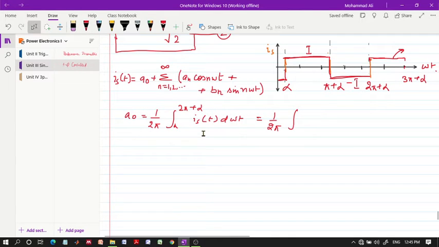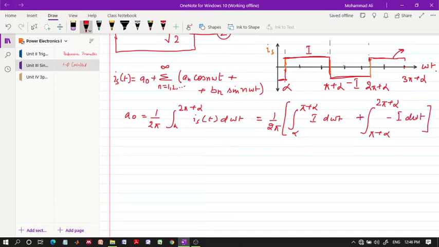Because i of t, as we have already discussed, from alpha to pi plus alpha is plus of I, and from pi plus alpha to 2 pi plus alpha is minus of I. So from alpha to pi plus alpha it will be I d omega t, minus, from pi plus alpha to 2 pi plus alpha, I d omega t.